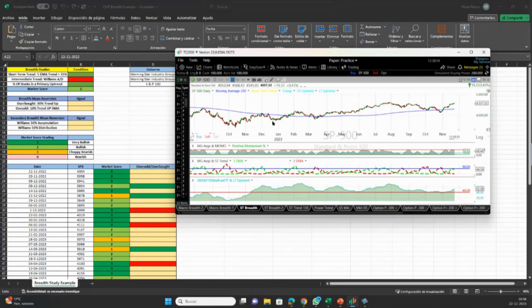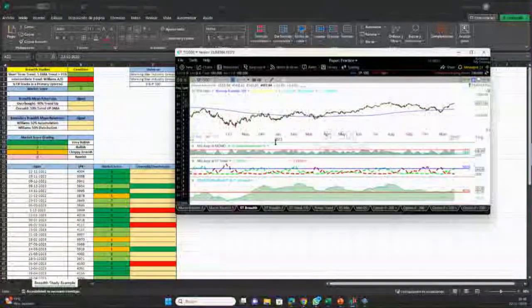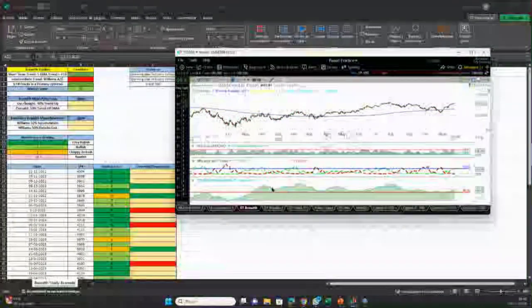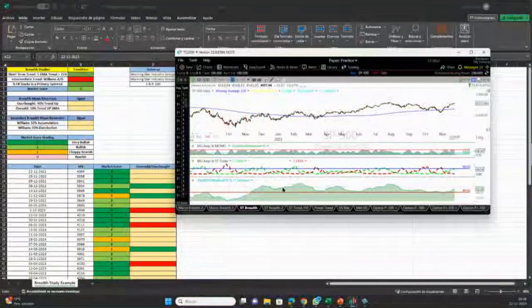But in this decline in January, the market never got back to bearish, and in early January we were actually bullish, even though the market was chopping around. In the indicators, even though we had this drop, we see that the percentage of stocks in a primary uptrend never really declined, and short-term momentum with the 5-day moving average was also maintained pretty positive.